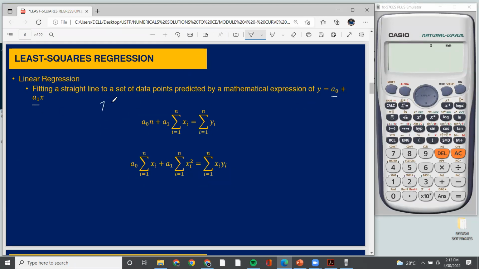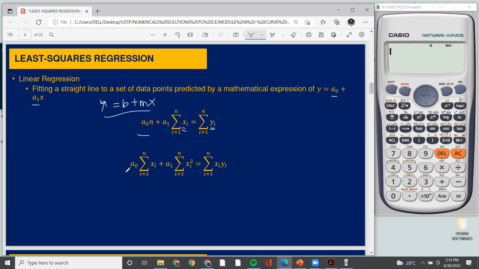A sub 0 is a constant. So it is the same as y equals b plus mx, the slope-intercept form of the function. So the linear regression equation is a sub 0 times n plus a sub 1 times the summation of all the x data, equal to the summation of the y data.